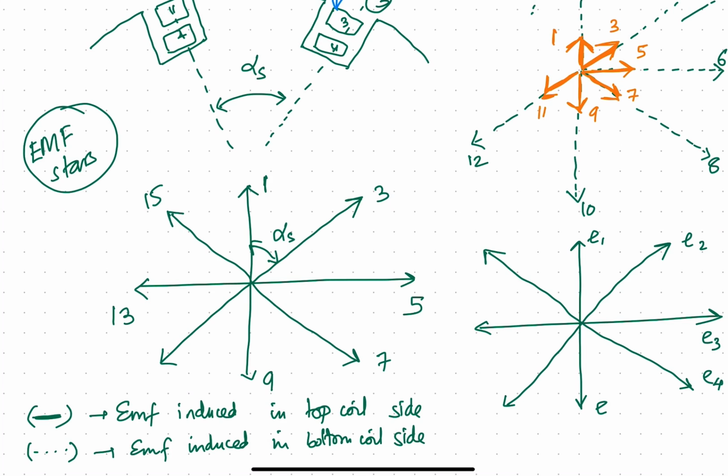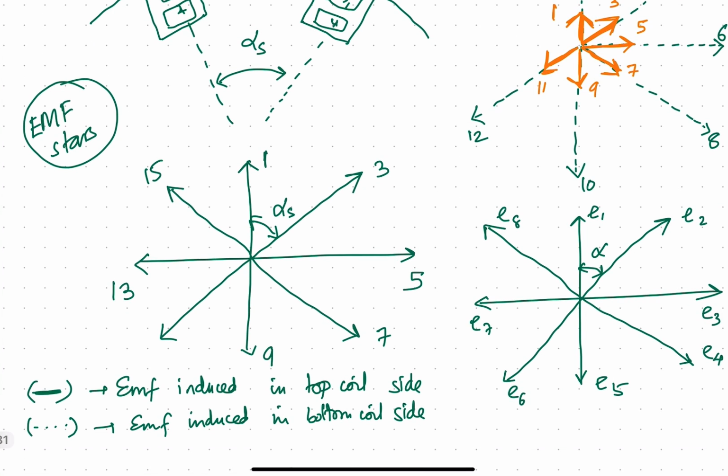This is E4, E5, E6, E7, E8, and if I say that this is some angle alpha, so this EMF star basically represents the EMF of the windings.